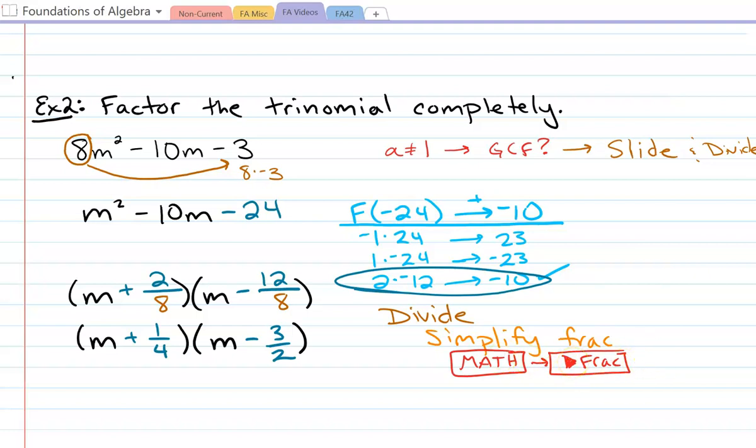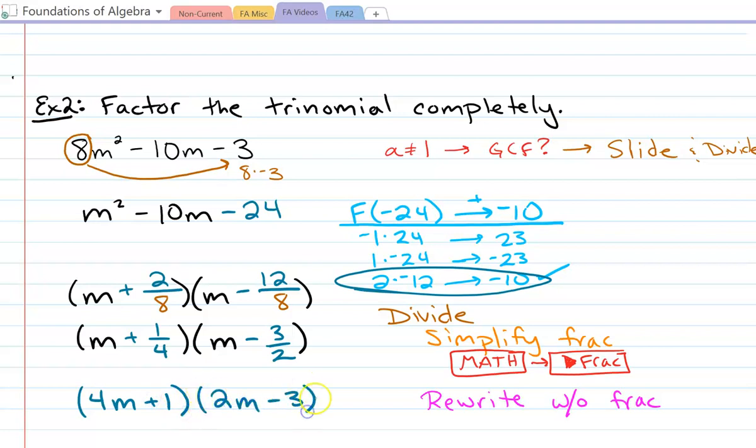So you can confirm on your calculator that way. And the last thing we need to do is rewrite without fractions. Okay, so our final answer for this one would be 4m plus 1, 2m minus 3. Because whatever that denominator is will get put in front of the variable.